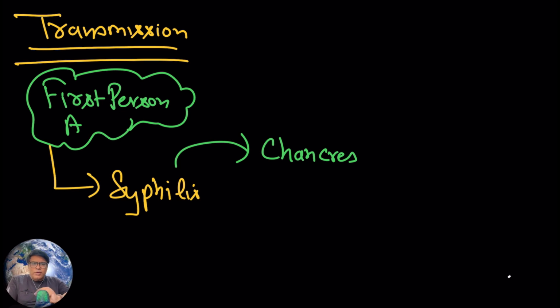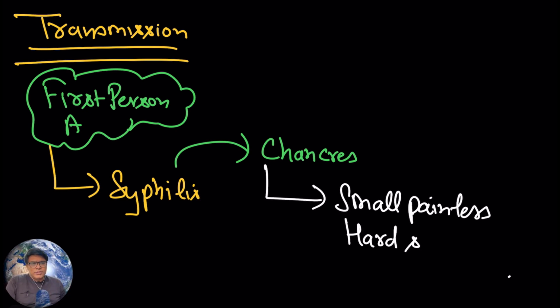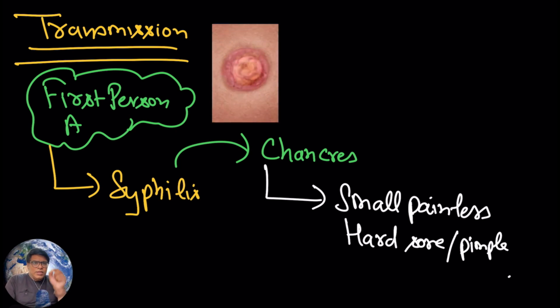Wherever these bacteria infect, they are going to produce chancres. These are small, painless, hard, sore, pimple-like lesions. Within these chancres, the bacteria is growing.